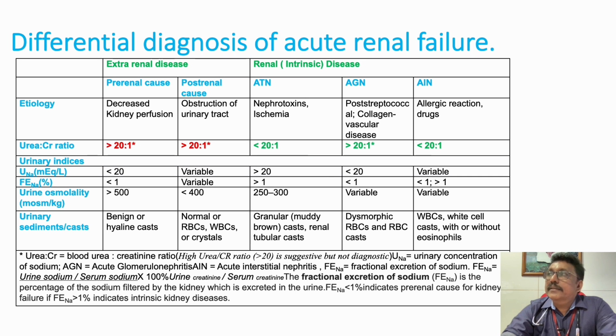Other things you can also make out. When you do ultrasound, if it is a renal problem, changes may be visible, and if it is chronic kidney disease, corticomedullary differentiation can be absent. Anemia is classically seen in chronic kidney disease. If a patient comes with acute on chronic kidney disease, acute renal failure on a chronic renal problem, then also the patient may have some anemia.